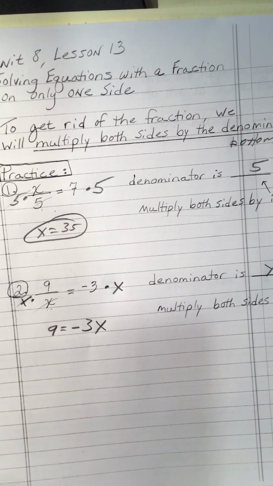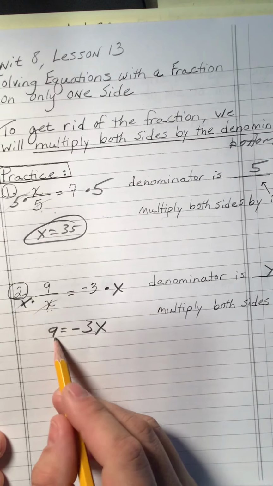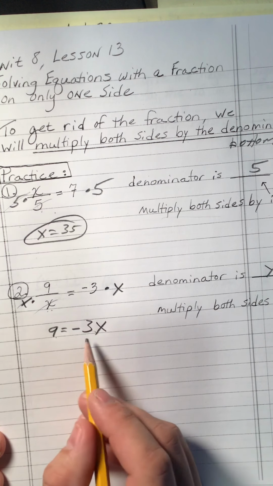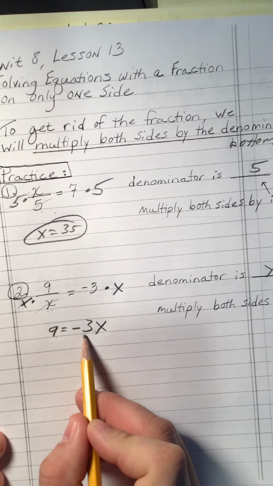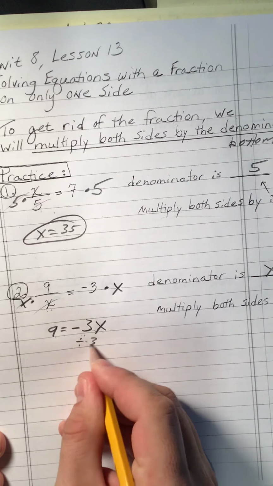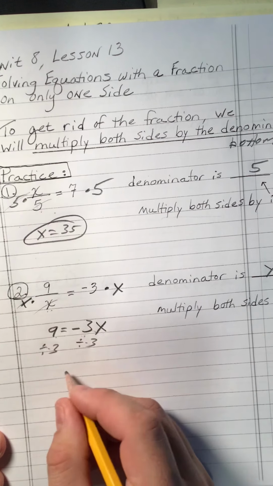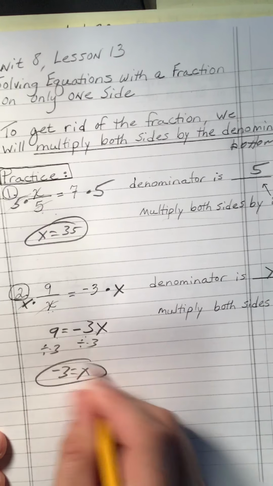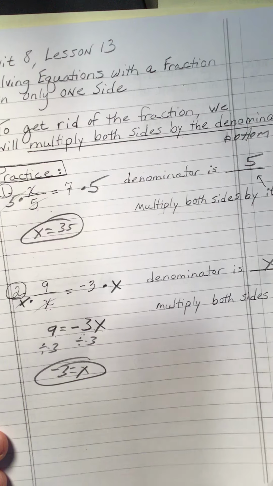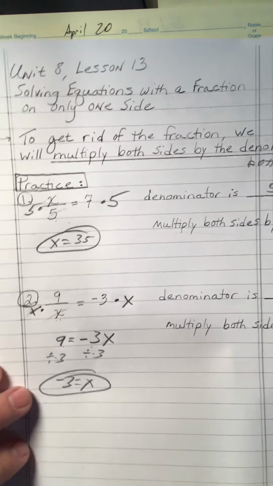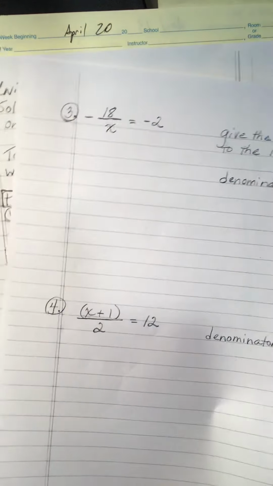Now I have a regular equation that I should know how to solve. Negative 3 times something is 9. If you can't see it, the opposite of multiplying negative 3 times x is dividing by negative 3. So I'm going to divide both sides by negative 3, and I get x equals negative 3. You could write it as negative 3 equals x. It doesn't matter the order, as long as it's negative 3.